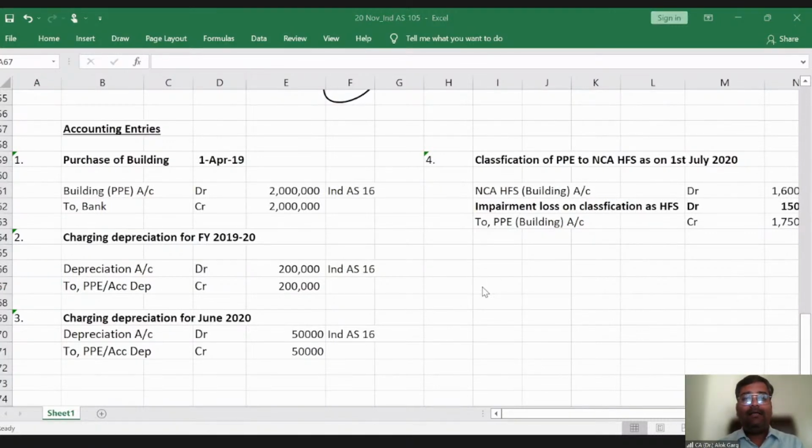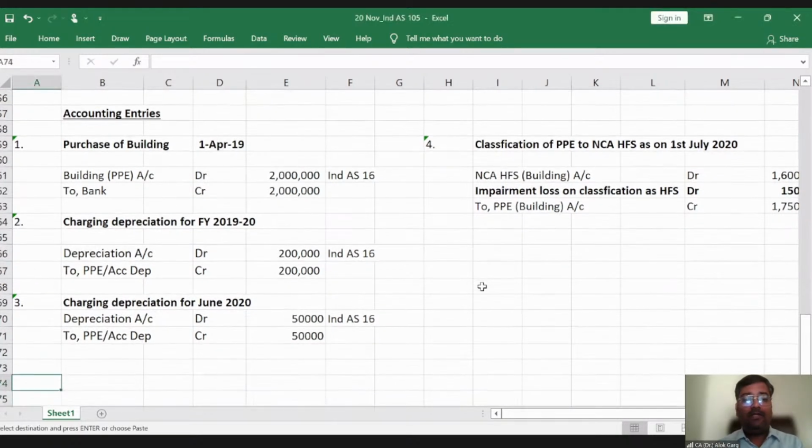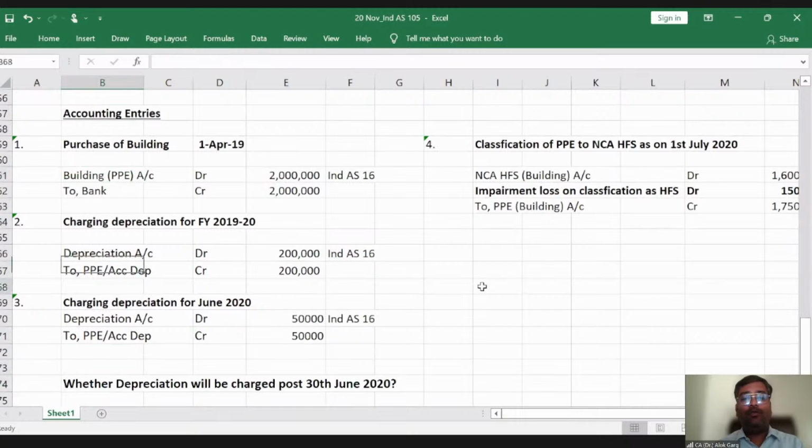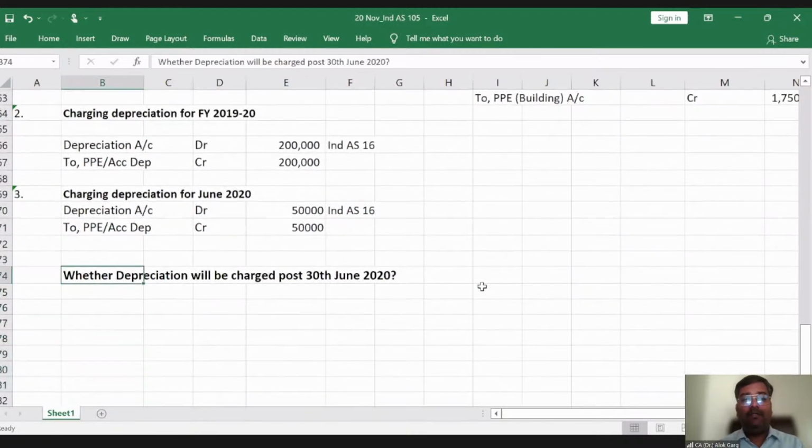Now the question will arise, whether depreciation will be charged post 30th June 2020. Tell me whether depreciation will be charged post 30th June 2020, because it has been classified as a non-current asset held for sale, a current asset. So what will be the situation for depreciation?